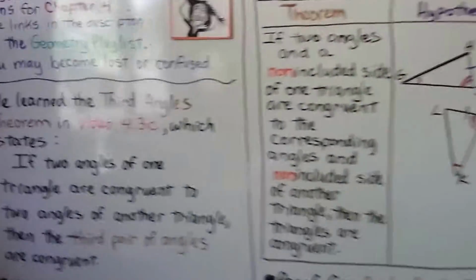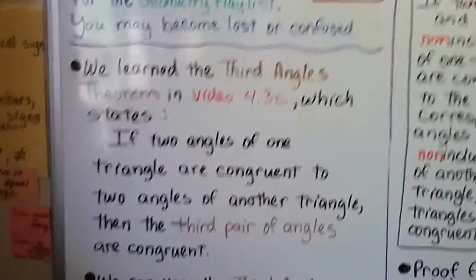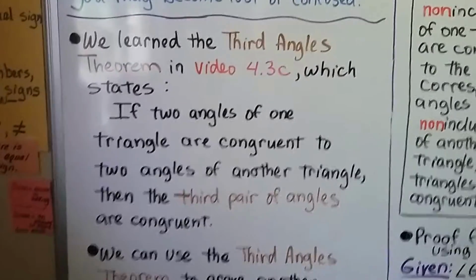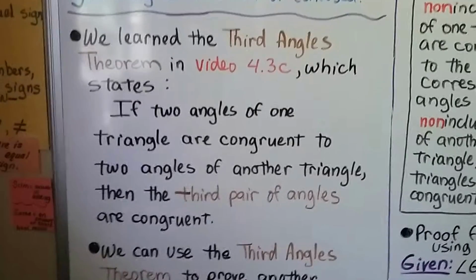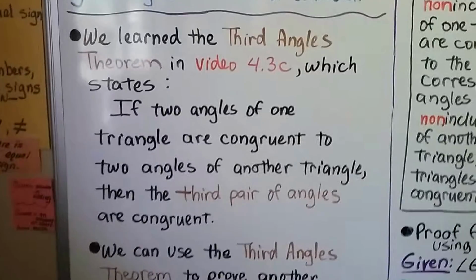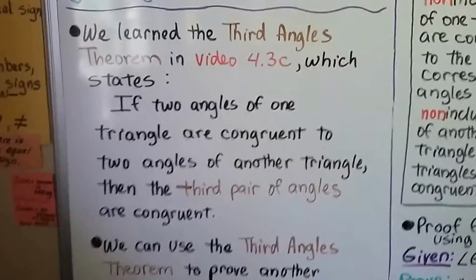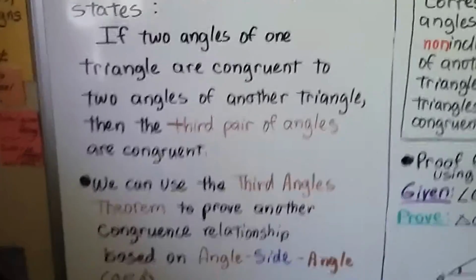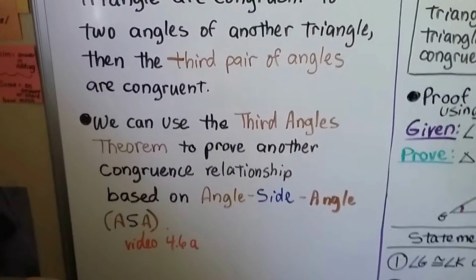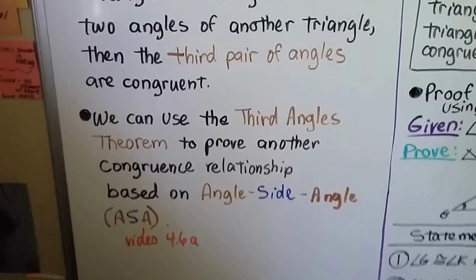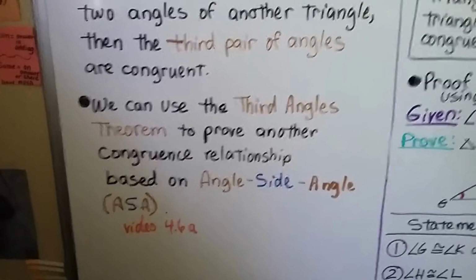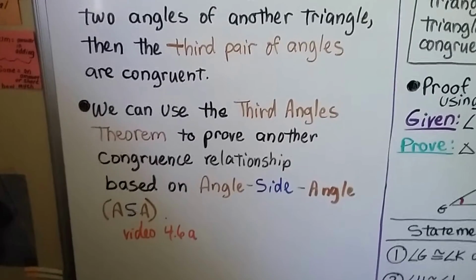Now, we learned about the third angles theorem back in video 4.3c, and it says if two angles of one triangle are congruent to two angles of another triangle, then the third pair of angles are congruent because they're all 180 degrees inside, right? So we can use the third angles theorem to prove another congruence relationship based on angle side angle, ASA, which we talked about in the previous video, 4.6a.